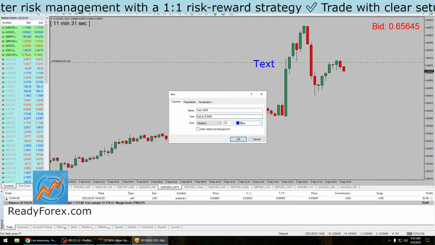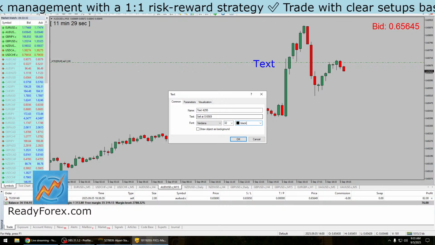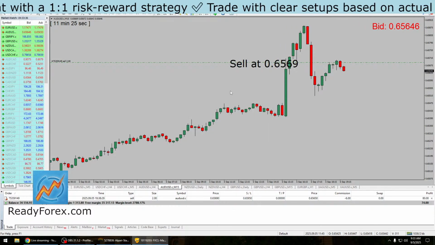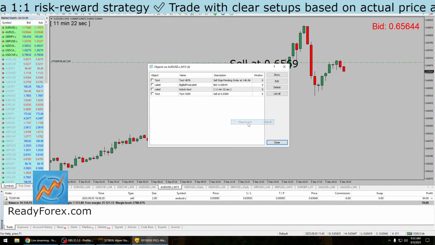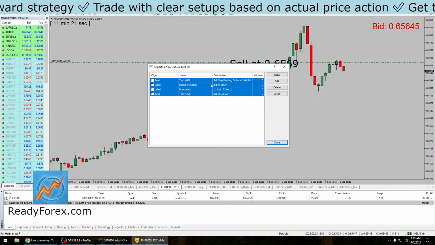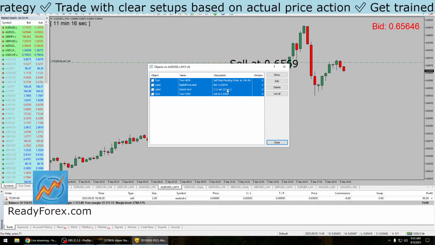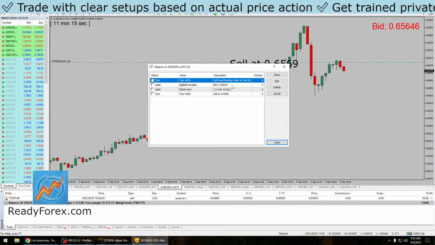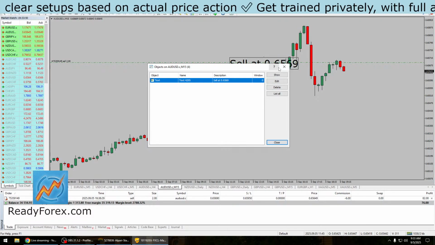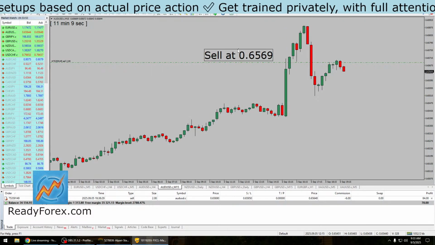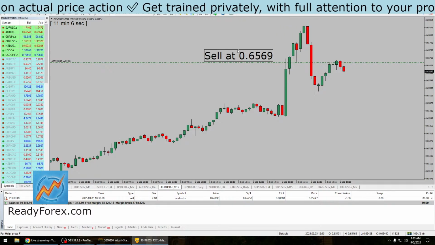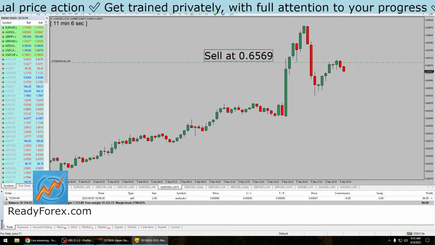Okay, so that's my sell entry. Here's my sell entry inside the AUDUSD currency pair.